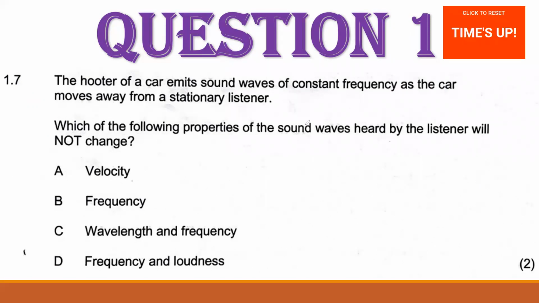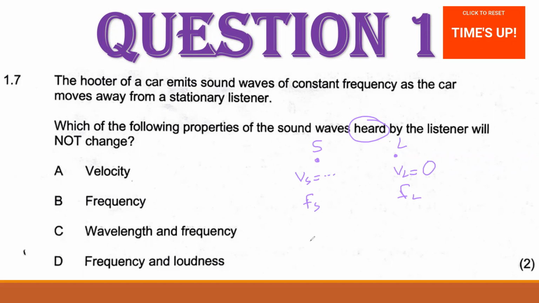For this kind of question, for the Doppler effect, we are using 2 points. First point, source of sound. Second one, listener. And then VL, the velocity of listener, is 0 for this one. And velocity of sound, we don't know, but it is constant. And then we have Fs, we have Fl. Which one heard by the listener will not change?